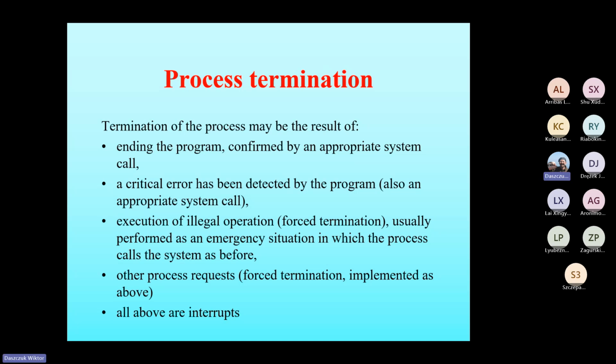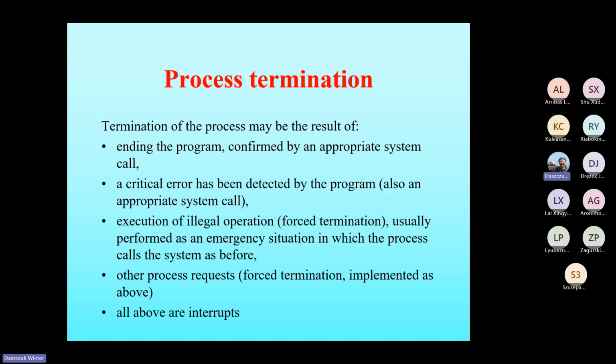Termination of a process can result from the willing of the program. It can be executed as the order of the parent of the program. It can be an illegal instruction or division by zero, an error. The compiler can build into the program some control operations, for example, checking every pointer before use to see if it's not a null pointer.